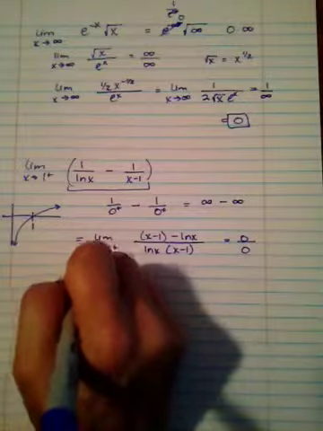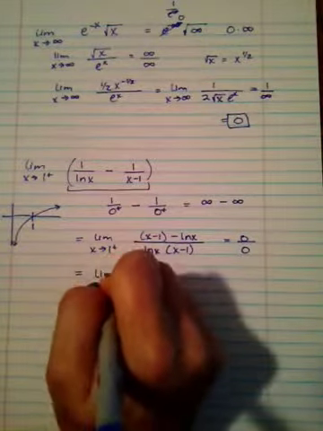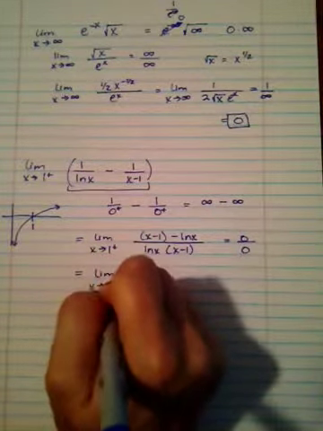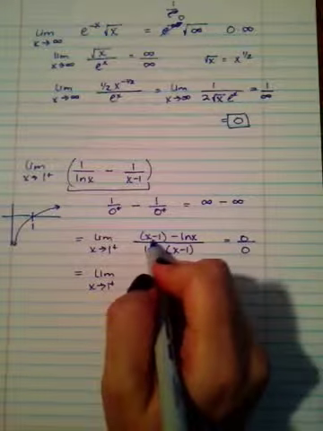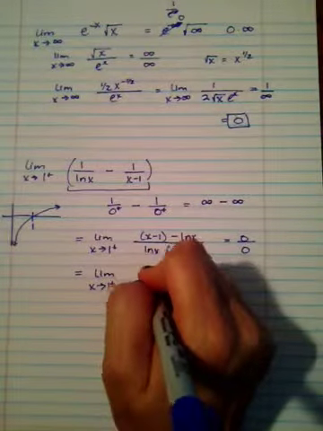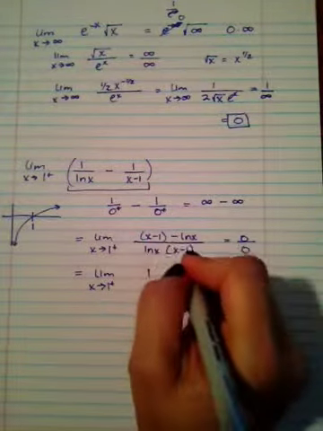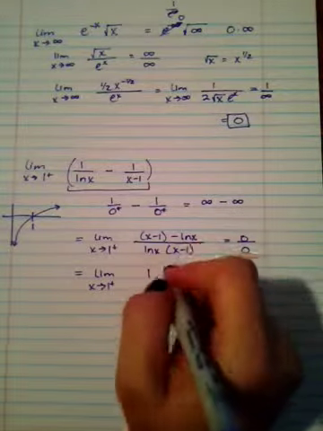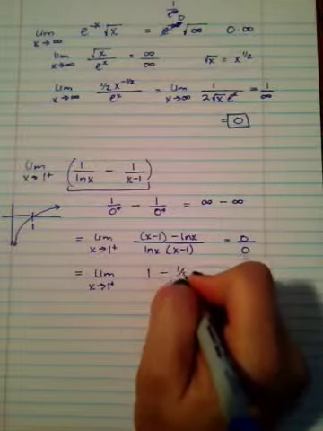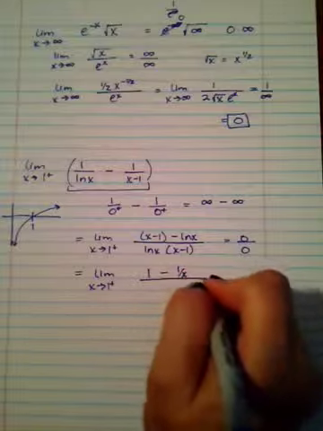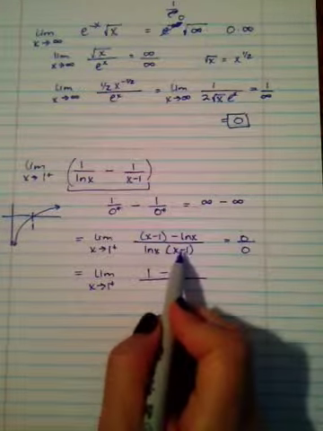So I'm going to take the derivative over the derivative. The derivative of x is 1. The derivative of negative 1 is 0. The derivative of the natural log of x is 1 over x. Then in the denominator, I have the product rule.